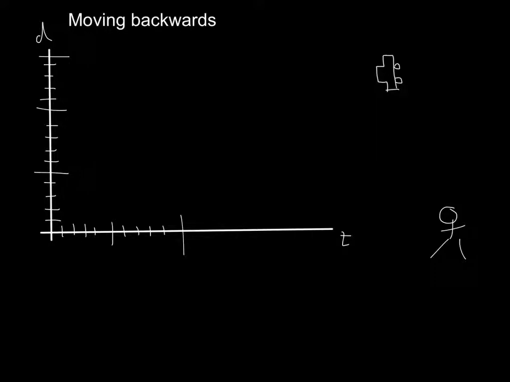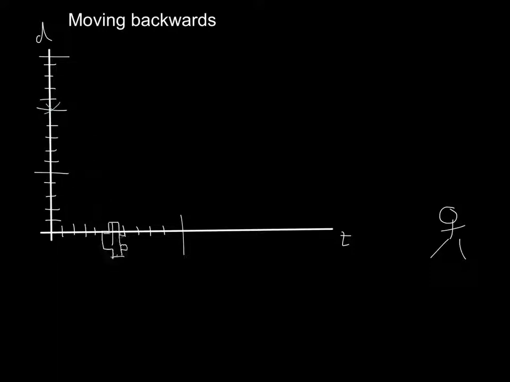So let's say that the guy starts here at 10 meters at second 0, and then it moves again 2 meters per second. Well, it starts here, but after 1 second, it's now at 8 meters because it's moving 2 meters per second. So 10 meters, then 8 meters, then 6 meters, then 4 meters, and so on, right? So if I put it here, this would be like 10, 8, 6, 4, 2.